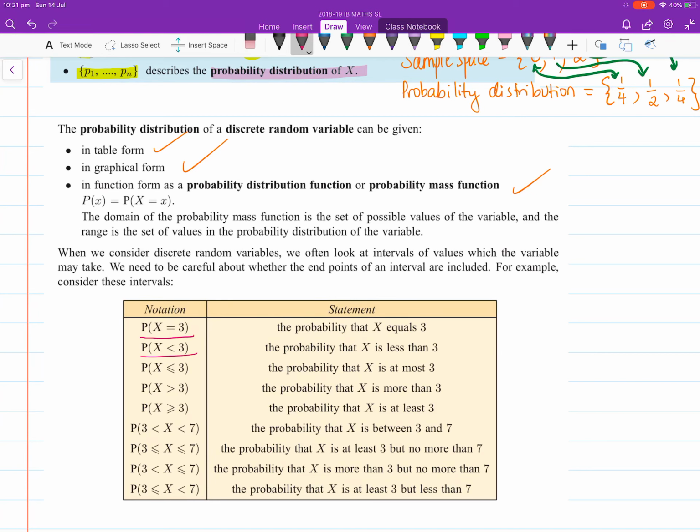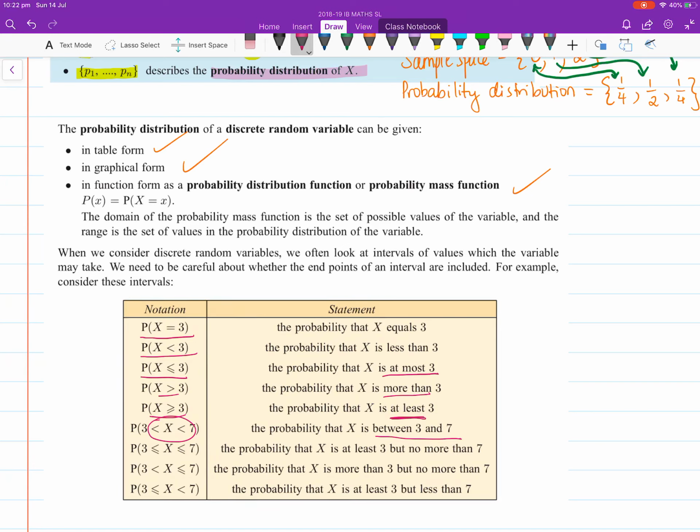If it's less than 3, makes sense. Less than or equal to 3, you just have to be careful of. That means it can't be more than 3, or at most 3. So you just need to understand words like at most. More than 3 is more self-explanatory. At least is a tricky one, right? At least 3 means 3 or more. So X has to be greater than or equal to 3. Between 3 and 7, when it says that, that actually means it doesn't include 3 and 7. Okay.